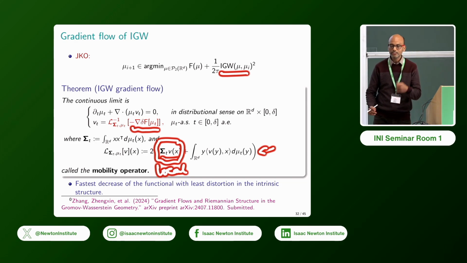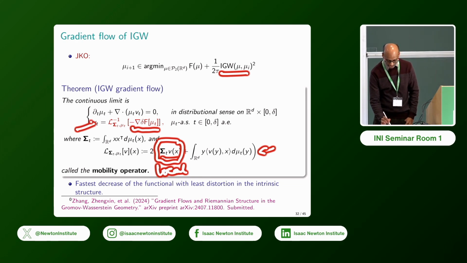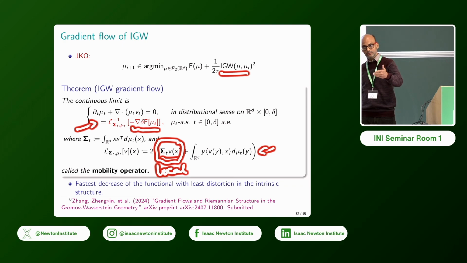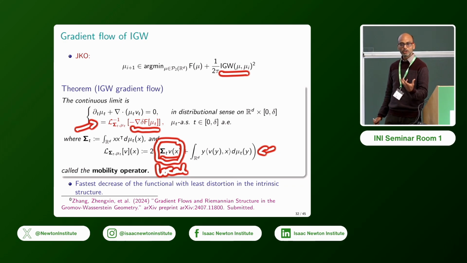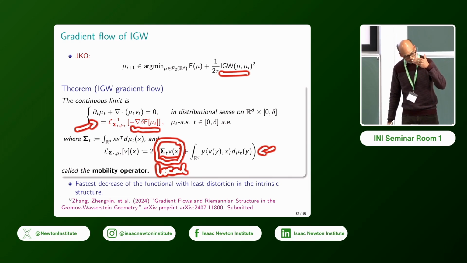So this operator takes into account both the local and the global information, and therefore the corresponding gradient has both. If you drive your particles along this vector field, you get the fastest decrease in the functional with the least distortion in the intrinsic structure, because we want to preserve the local structure but at the same time minimize the functional.